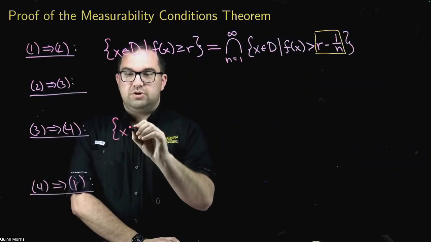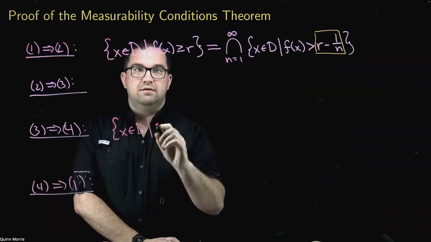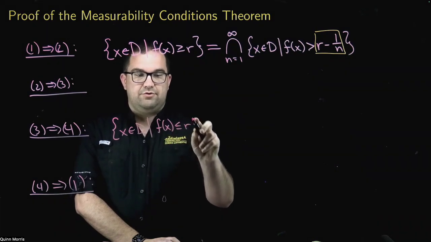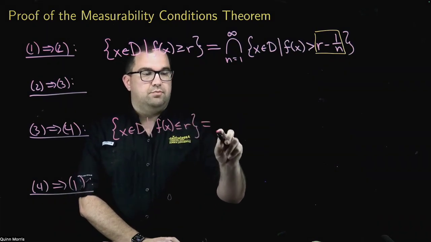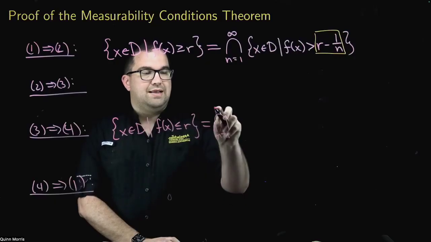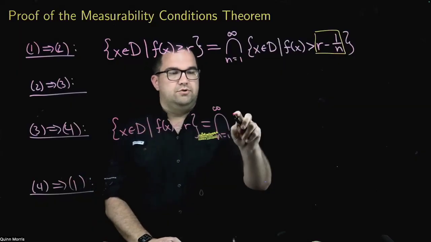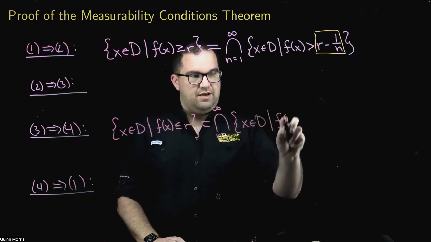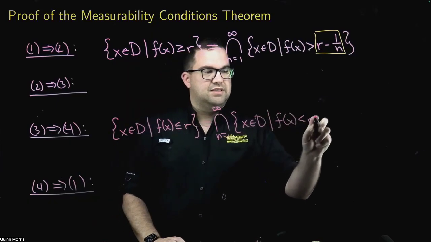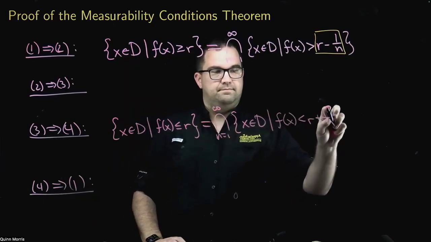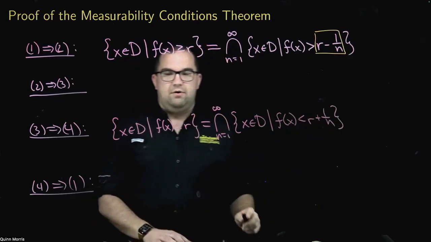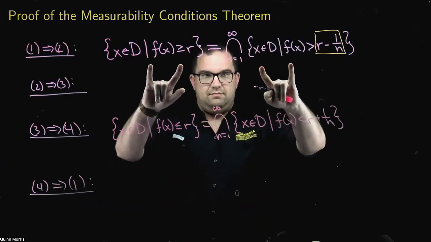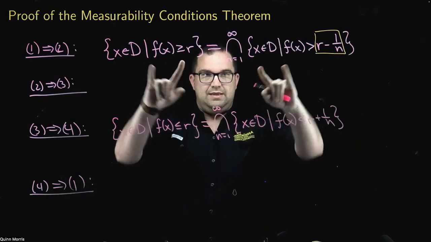So for 4, you want to show that the set of all x in D such that f of x is less than or equal to r is measurable, but you can write that as an intersection n equals 1 to infinity of the set of all x in D such that f of x is less than r plus 1 over n. Now, again, you can prove this set equality in an almost identical way to the way we did it here.